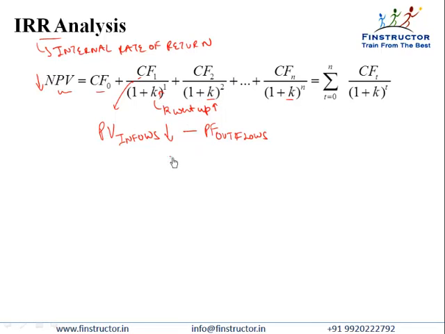At some K, the NPV would become 0. That K is called the internal rate of return, or the IRR.